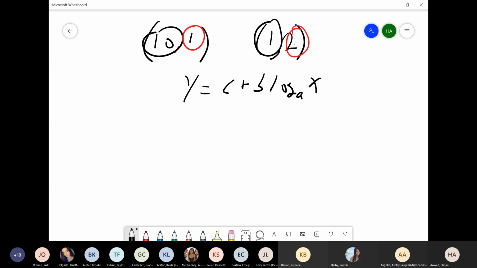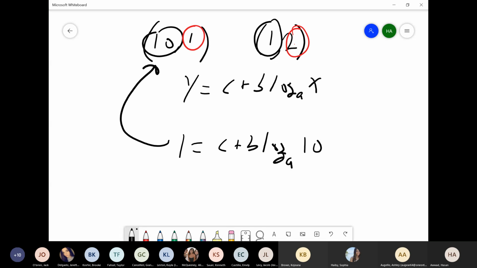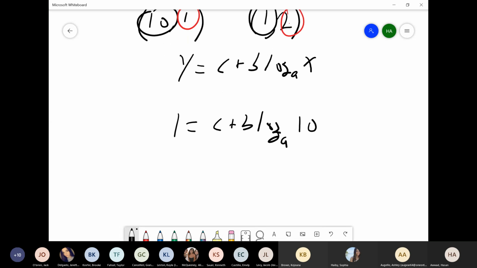So writing this out, we would have 1 is equal to C plus B log base A of, and again, your input here is 10. This is the one that matches this ordered pair. And then you write out another equation using the same process, where your output is 2 and you have C plus B log base A on the value, in this case, 1.